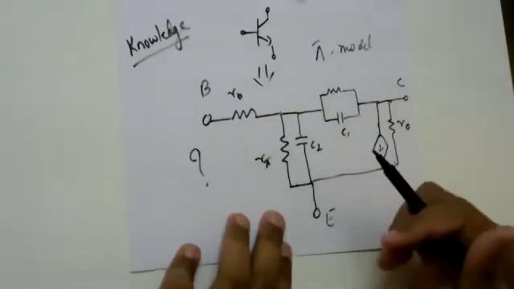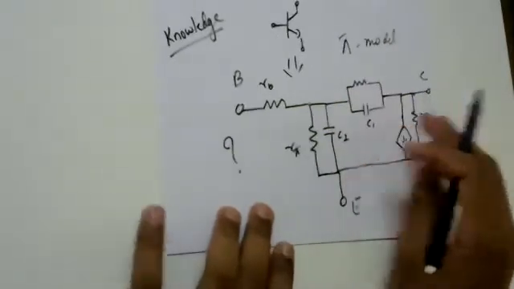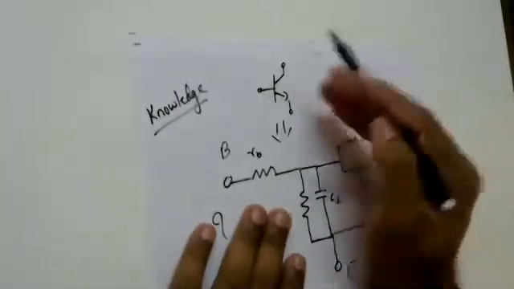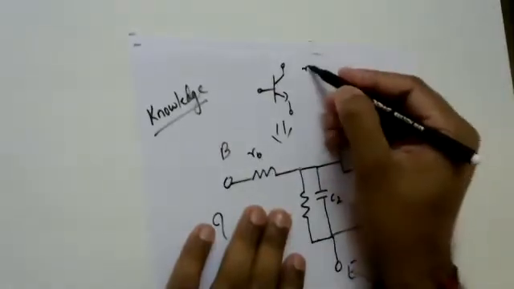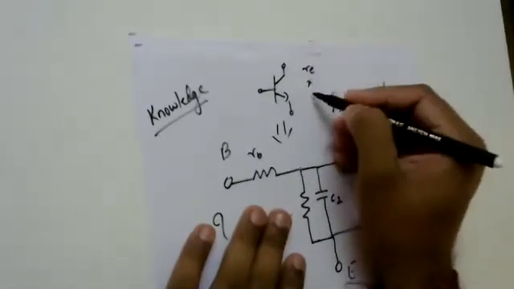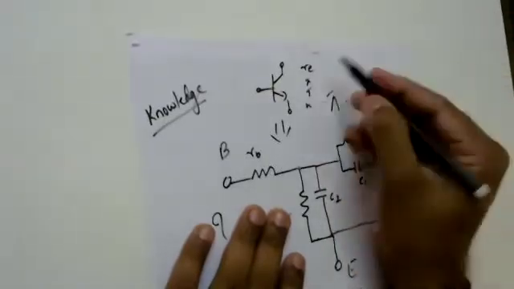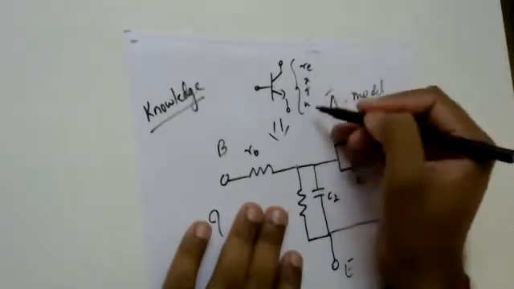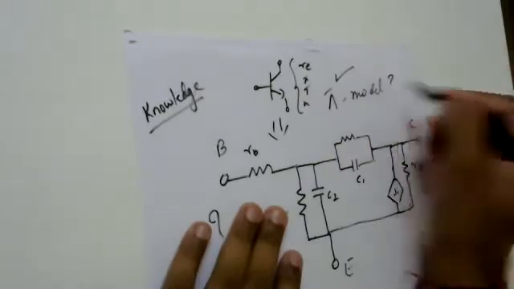Where did they disappear? As I said in the introduction class, this BJT transistor can be modeled into several models, such as the RE model, Y model, T model, H model, etc. Various models are there. Compared to all the models, you are only studying this model. Why so?